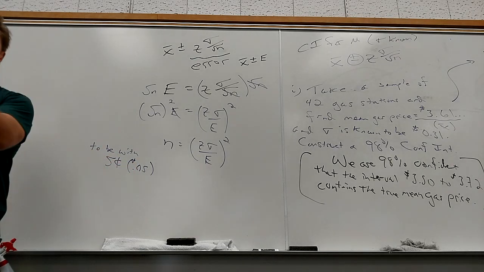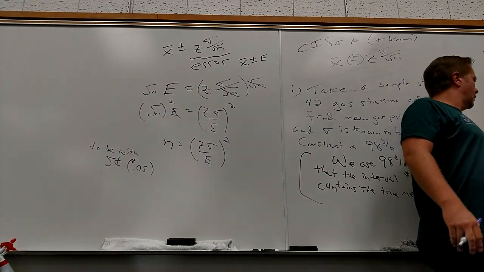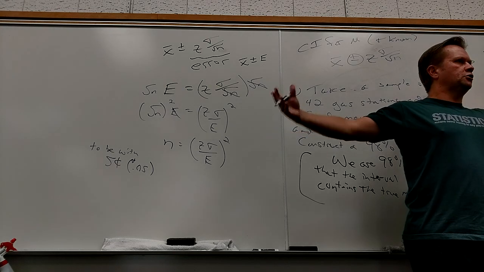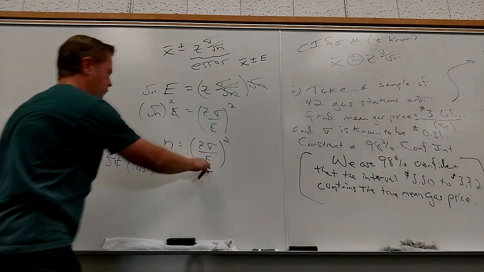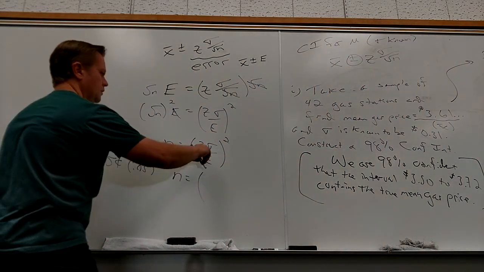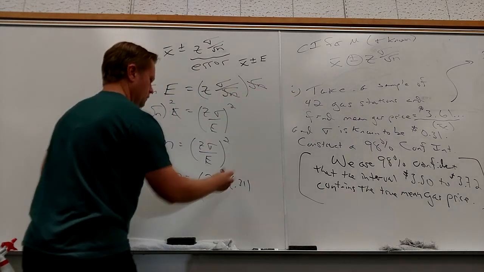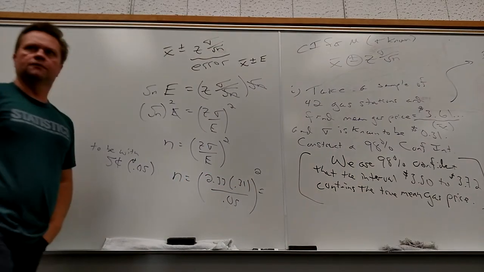Within is the key word. I want to be within 5 cents. How close am I right here? I'm within about 11 cents. Now I'm saying how big of a sample do I have to take to be within 5 cents? So now I let E be 0.05. So I put n equals 2.33 times 0.31 divided by 0.05, and square all that.